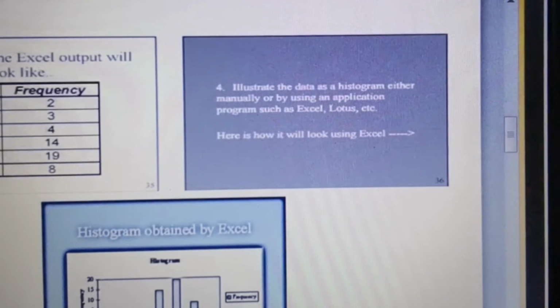Among 50 students, those who got 75 to 85 number 19. That's all there is to it.